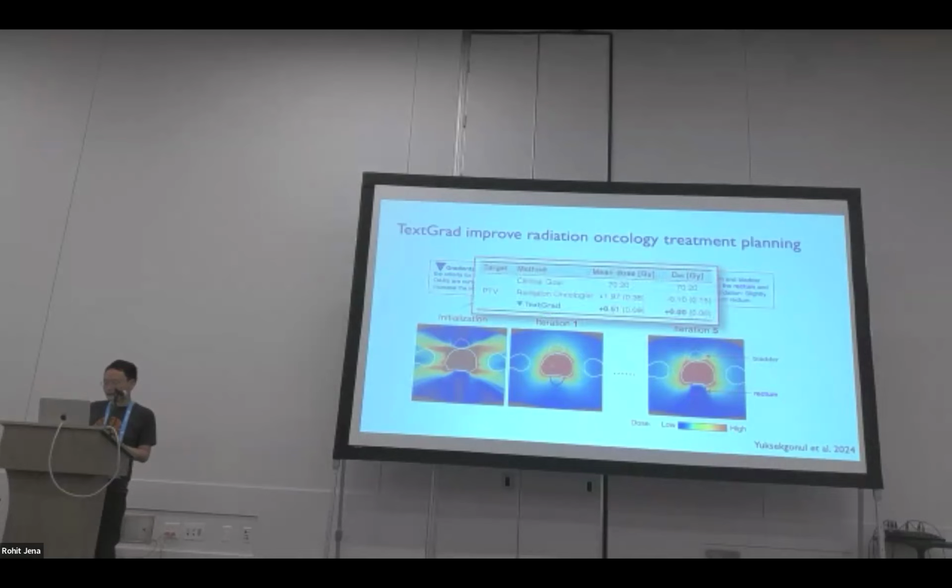After a few iterations, TextGrad is able to get quite close to the clinical targets, around a dosage of 70 in these targeted regions. Five radiation oncologists were able to get pretty close to the target, but a little bit over. And TextGrad is able to refine those treatment plans and get much closer to the target.